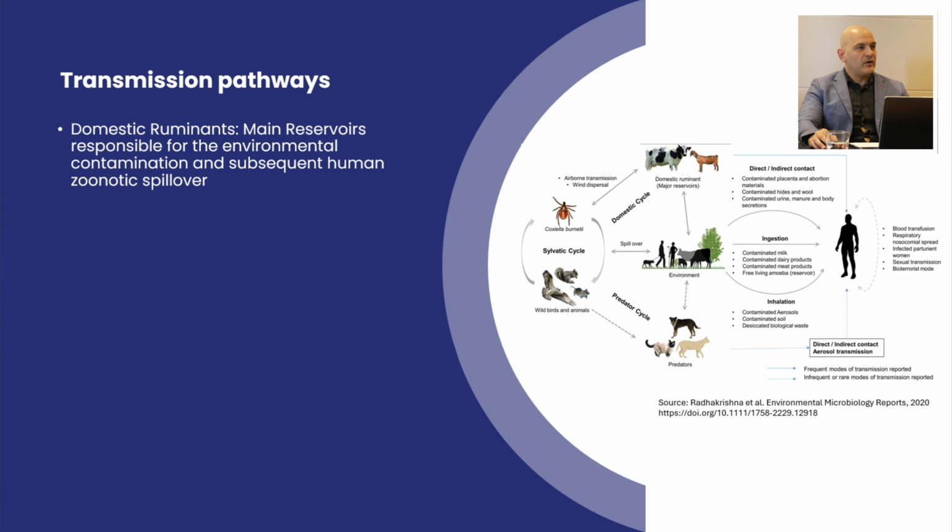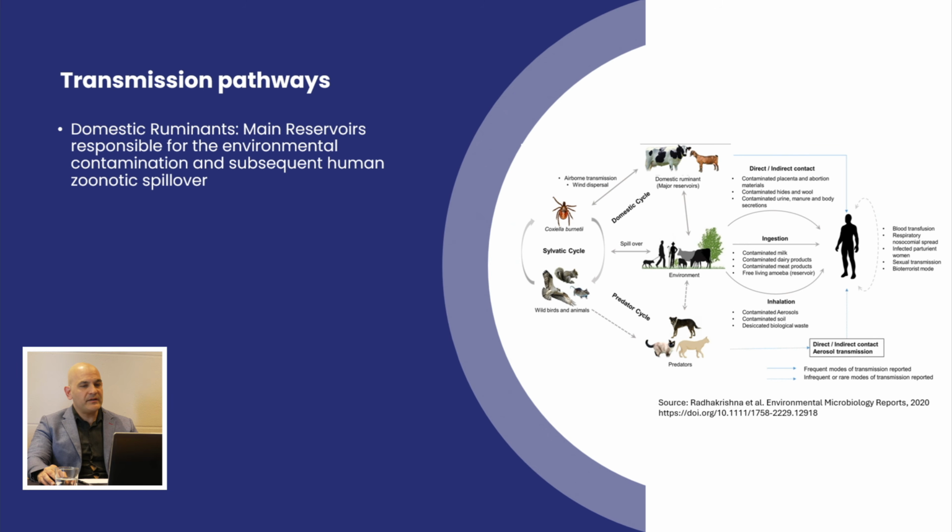While the biological host range of Coxiella is extraordinarily broad, the domestic ruminants are acknowledged as the primary epidemiological reservoir, being responsible for the environmental contamination and the human zoonotic spillover. Infected small ruminants shed the bacteria heavily through multiple biological routes, including milk, feces, urine, and most importantly, genital secretions.